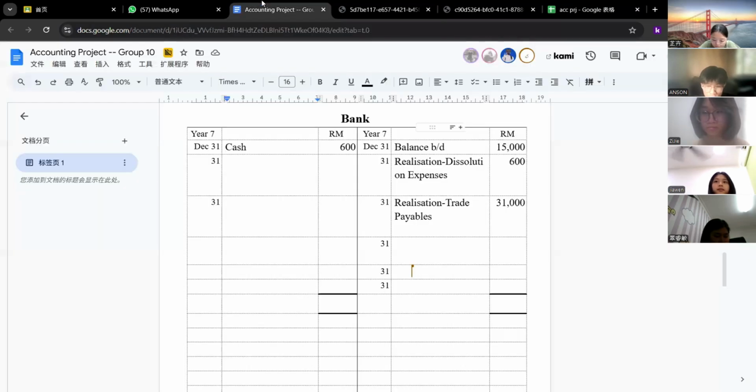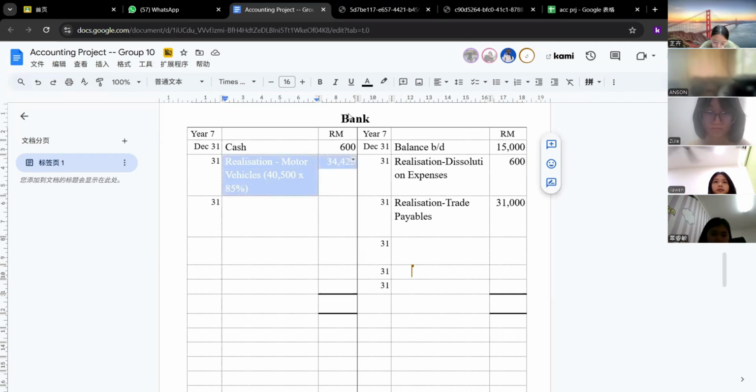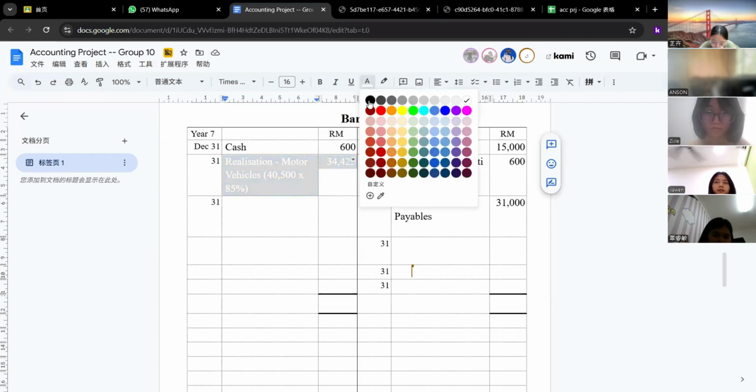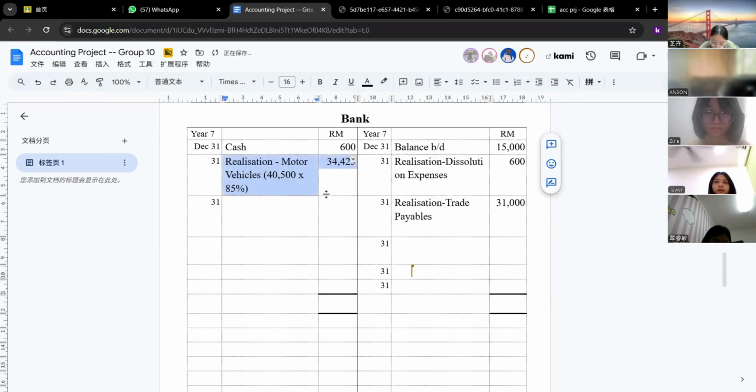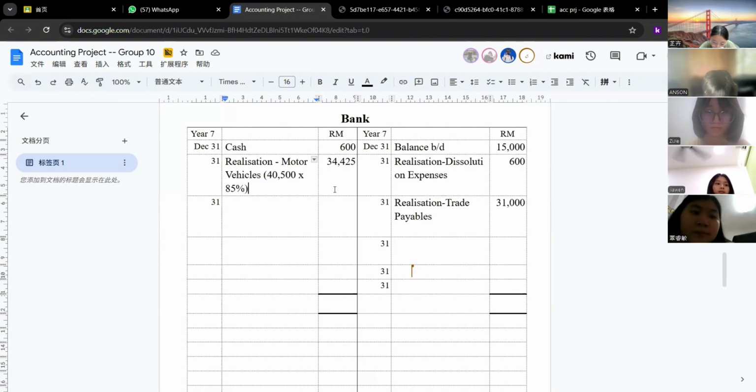So we have to use motor vehicle times 85%, and then we get 34,425 in realization.